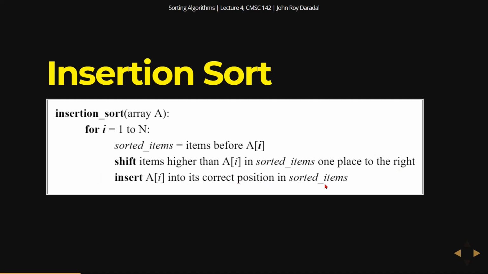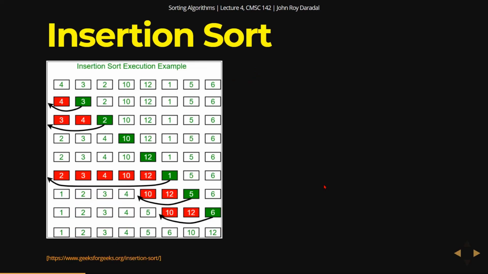So basically, we will insert A sub i to the correct position while shifting others that are higher than it to the right, to make room for the inserted item.